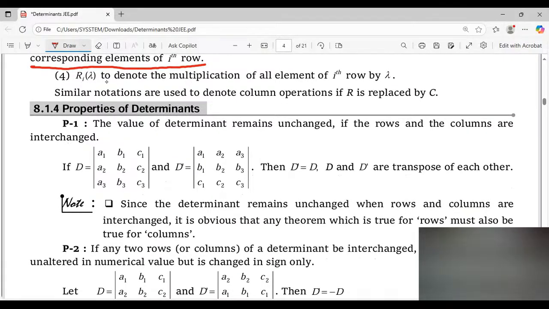Ri times lambda to denote the multiplication of all elements of the ith row by lambda. Similar notation is used to denote column operations if R is replaced by C.